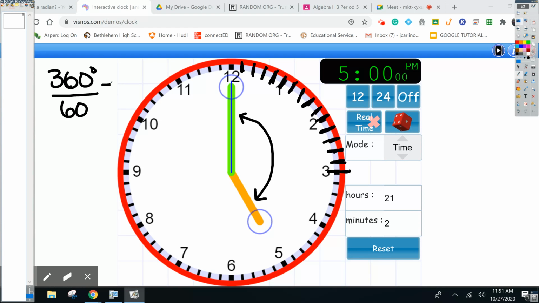Every time I go 1 minute on the clock, I'm going 6 degrees. Everyone agree? 360 divided by 60 is 6. So if I'm going 6 degrees every time, and I go all the way to the 5, how many total degrees am I going?